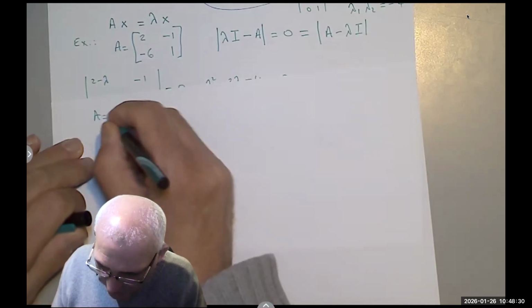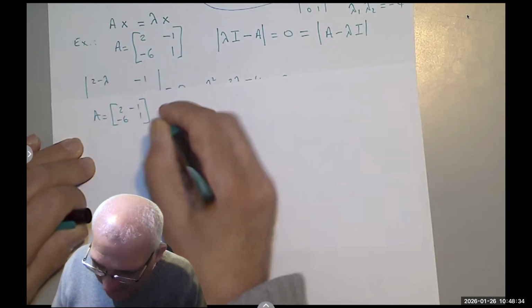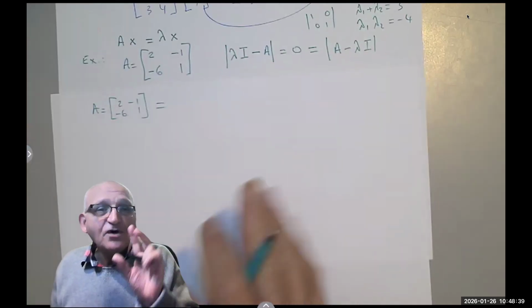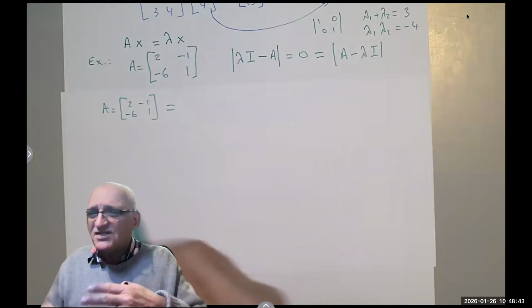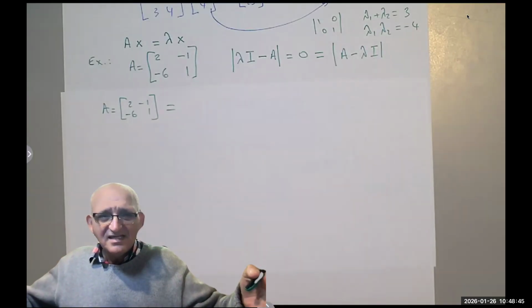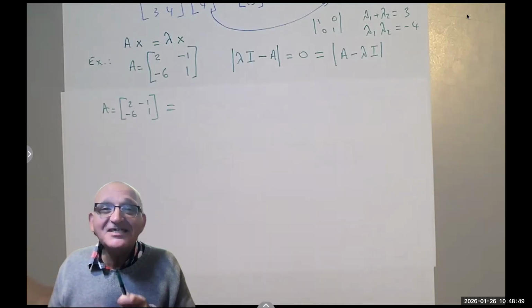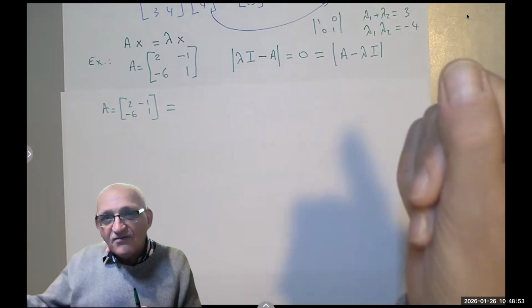We say that this matrix A, which is 2, -1, -6, 1, can be represented as a product of 3 matrices. And you will see why would I make one matrix a product of 3? Doesn't that make it harder? No, it makes it much easier for finding functions of matrices.